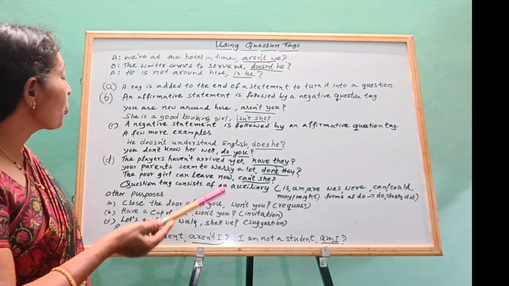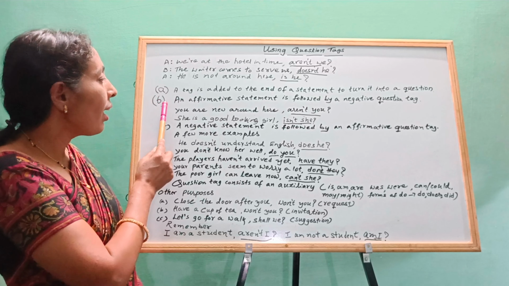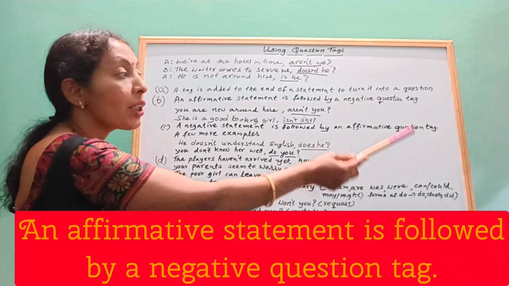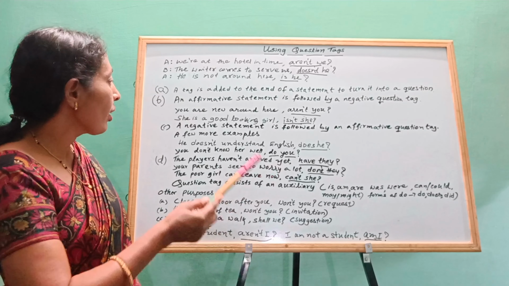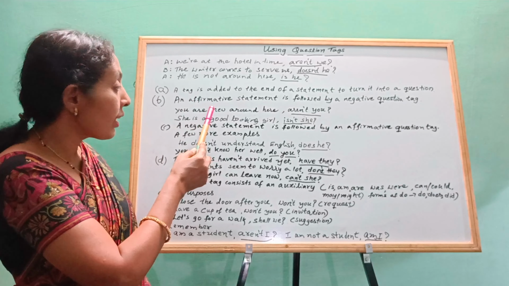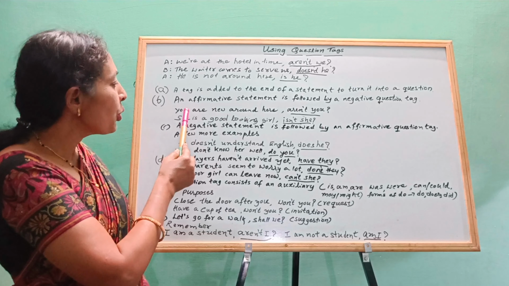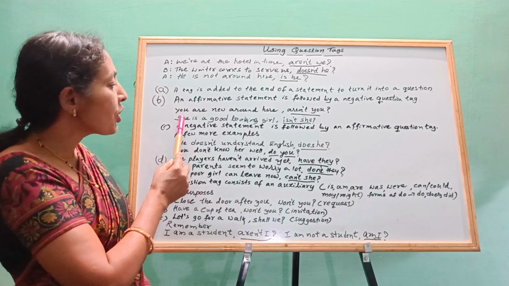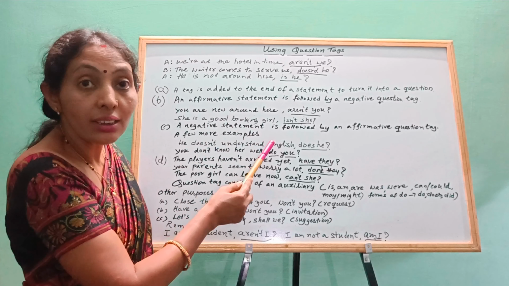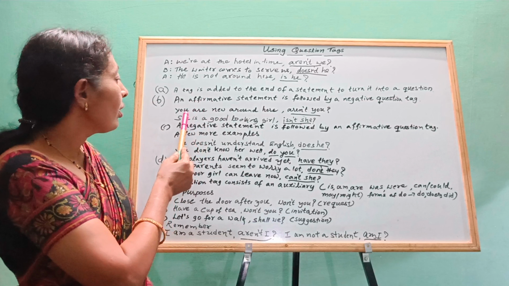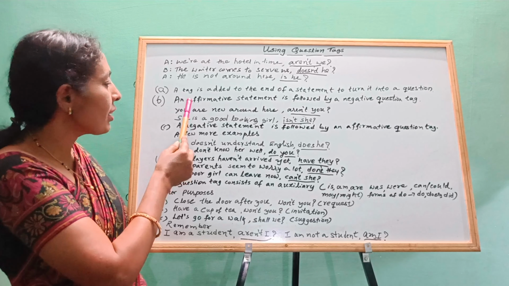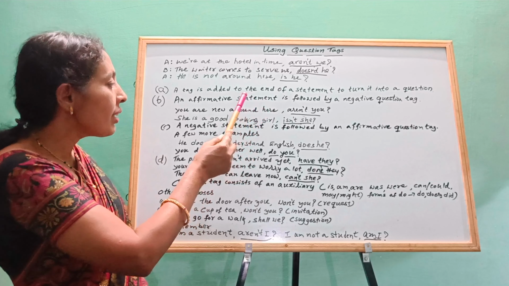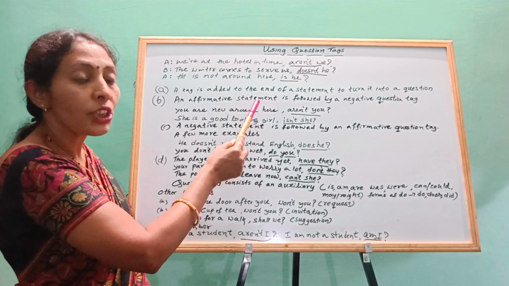Okay, let's move on to rule B. An affirmative statement is followed by a negative question tag. Here are a few more examples. You are new around here, aren't you? She is a good-looking girl, isn't she? In the first example, you are new around here. This is an affirmative statement.